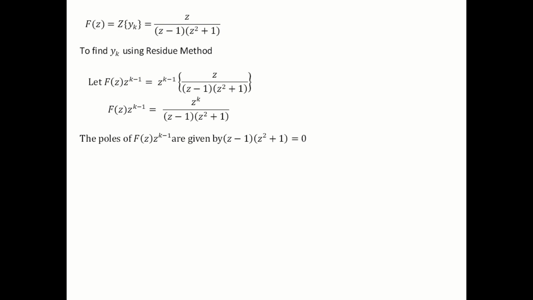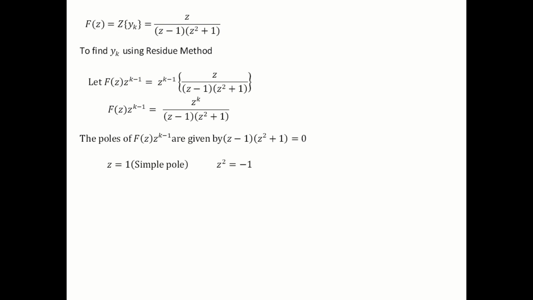And z square plus 1 equal to 0 means z square equal to minus 1, that is z equal to plus or minus root of minus 1, which is plus or minus i. So z equal to i and z equal to minus i are simple poles.